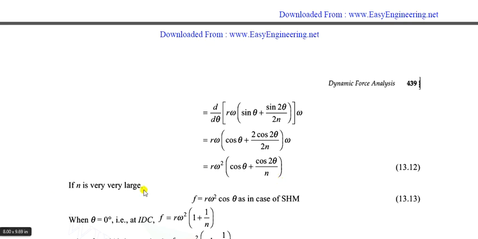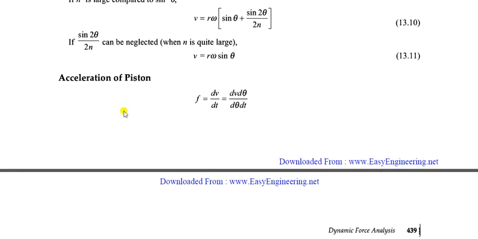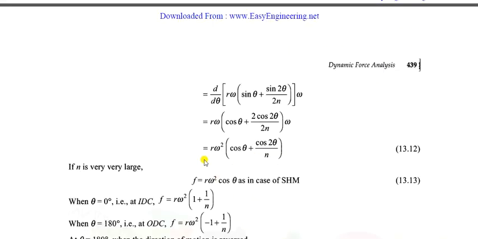So this expression is giving you acceleration of piston. This is the general expression. Now again n is very large, we can ignore this component because it will become very small. So F is equal to r omega square cos theta, as in the case of simple harmonic motion.